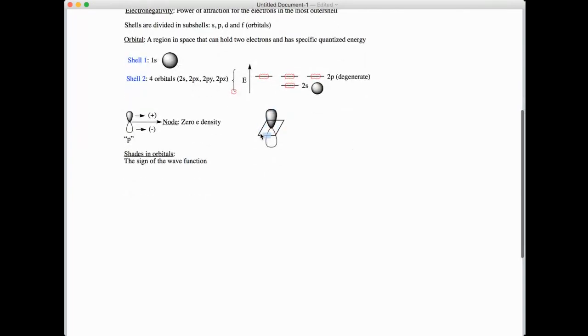And what I said here, I drew a plane here, right? And that plane is across the node. So we call this a nodal plane. And that's once again a plane where we have 0 electron density.